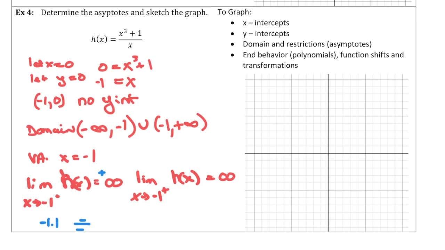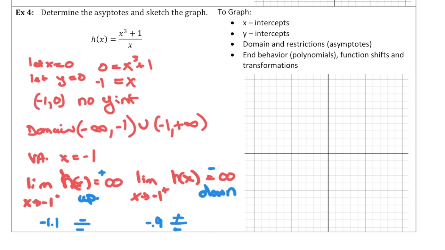As you're thinking of negative 1 to the right, you might be thinking of negative 0.9. And if you were to substitute negative 0.9 in, you will have a positive over a negative when you substitute into h of x. So that tells us we have negative infinity. So the left side is going up the asymptote, and the right side is heading down the asymptote.